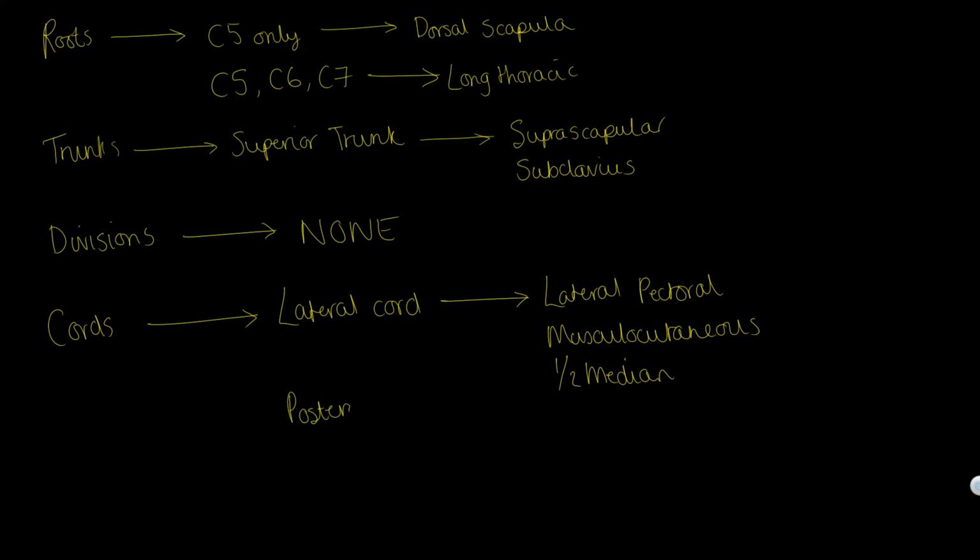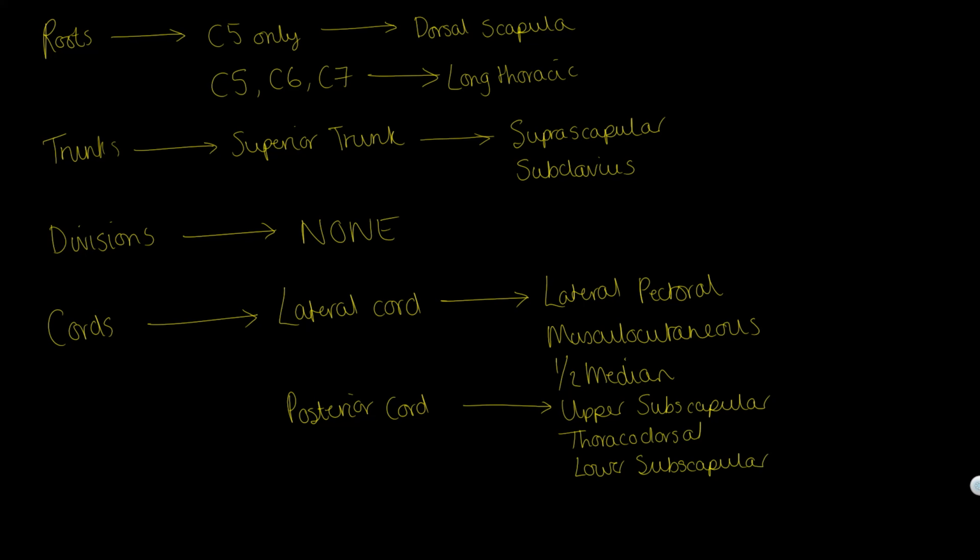Whilst the posterior cord forms the upper subscapular nerve, the thoracodorsal nerve, the lower subscapular nerve, the axillary nerve, and the radial nerve.